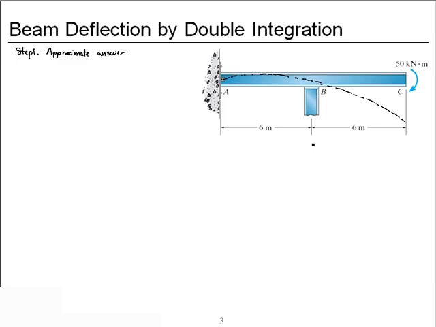Well, we can approximate this situation and look at just the cantilevered end with the couple moment, and we get a downward deflection as such. Now, since the region from A to B can deflect, that means we get a rotation at B. So this vertical deflection we expect to be larger than this, but this will put us into the ballpark.